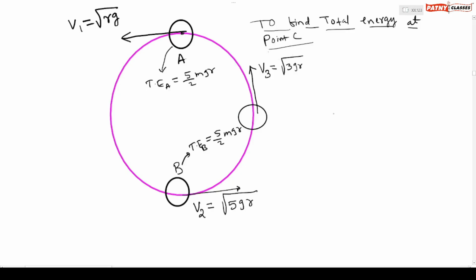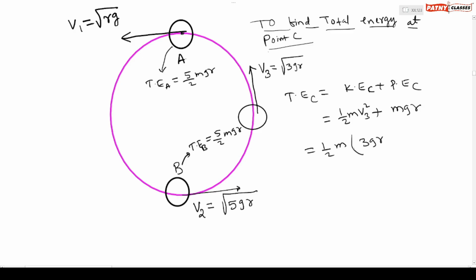Now we need to find the total energy at point C. Again, total energy at point C is kinetic energy at C plus potential energy at C. Kinetic energy is half mv3 square and potential energy at point C equals mgr. So this equals half m times (under root of 3gr) square plus mgr.